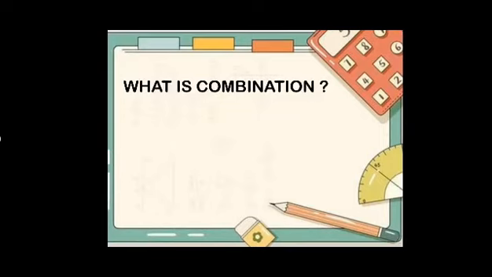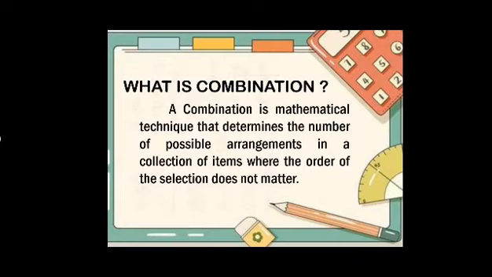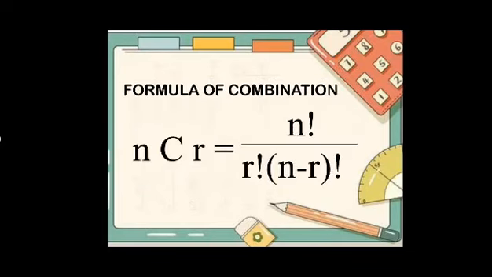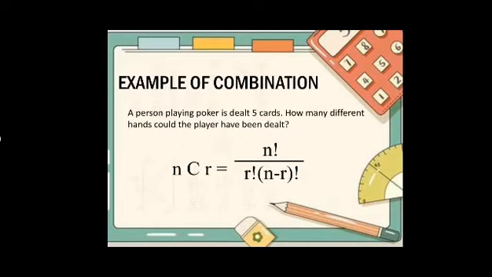Now, we're going to talk about combination. A combination is a mathematical technique that determines the number of possible arrangements in a collection of items where the order of the selection does not matter. Formula of combination: nCr is equal to n factorial over r factorial times n minus r factorial.